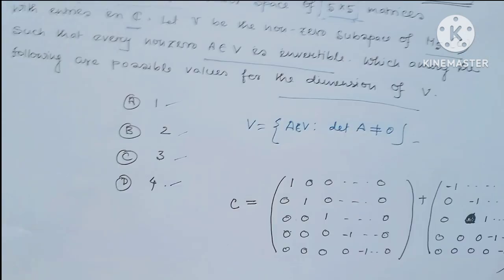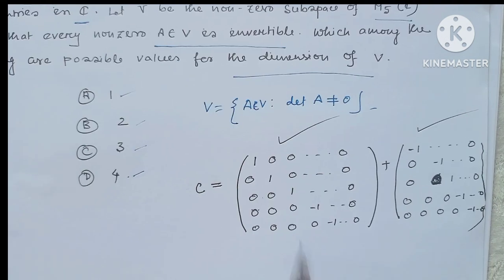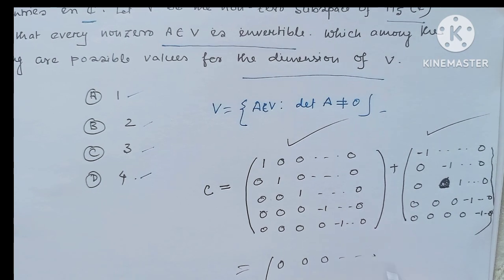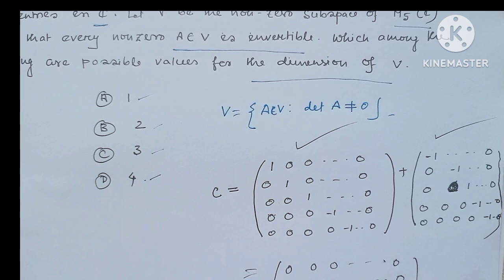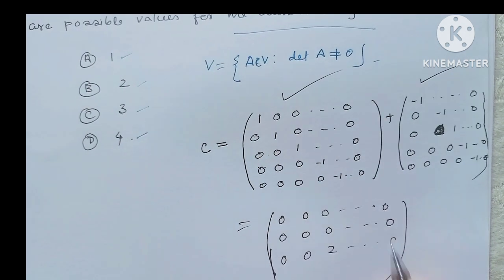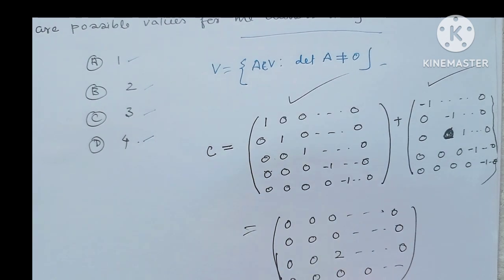For example, if we consider this type of invertible matrix, then their sum would be 0, 0, 0, 0, 0, 0, 2, 0, 0, 0, 0, 0, and so on.